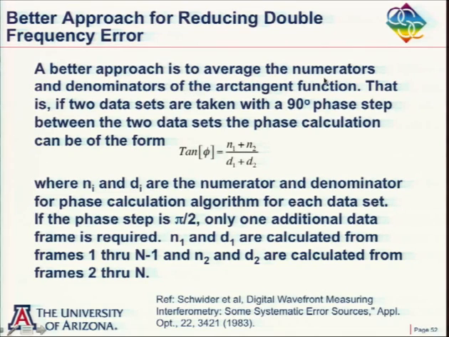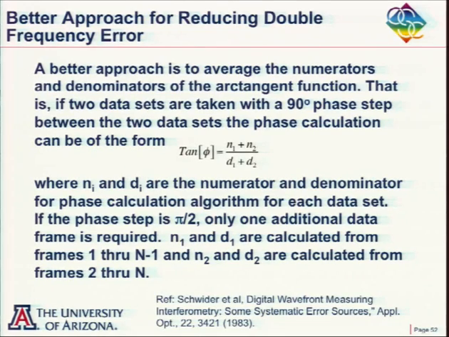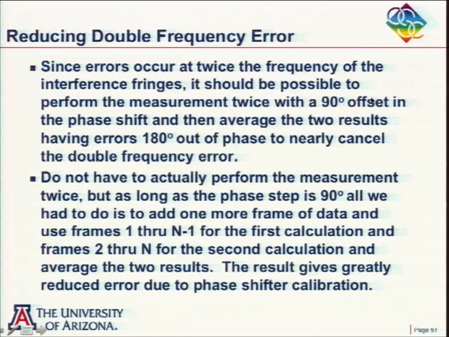So his approach was to average, my approach before was to take two measurements and average the two measurements. He averages the numerators and the denominators of the arctangent function. So what I'm saying is we're going to take two data sets and take them with a 90-degree phase step between the two. So we could do just like we did before.